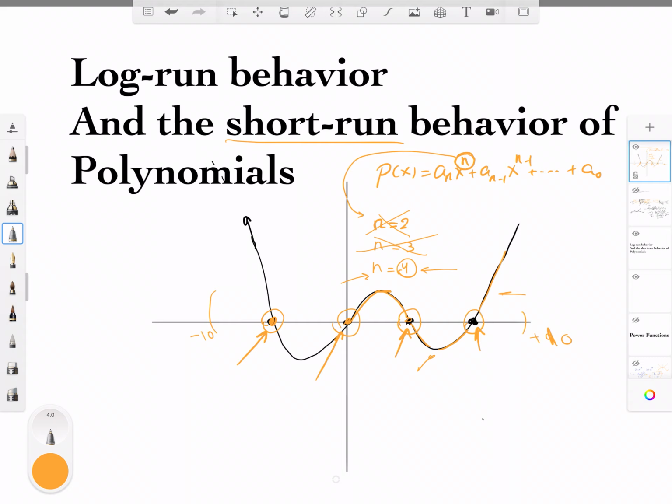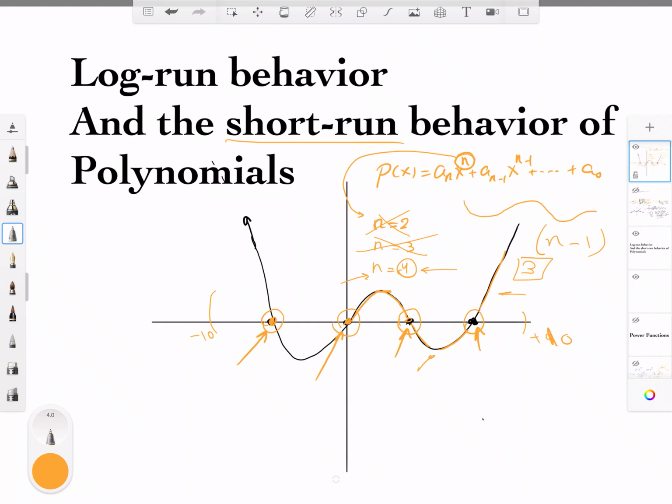It turns n minus 1 times. So if it's degree 4, we have 3 turns.